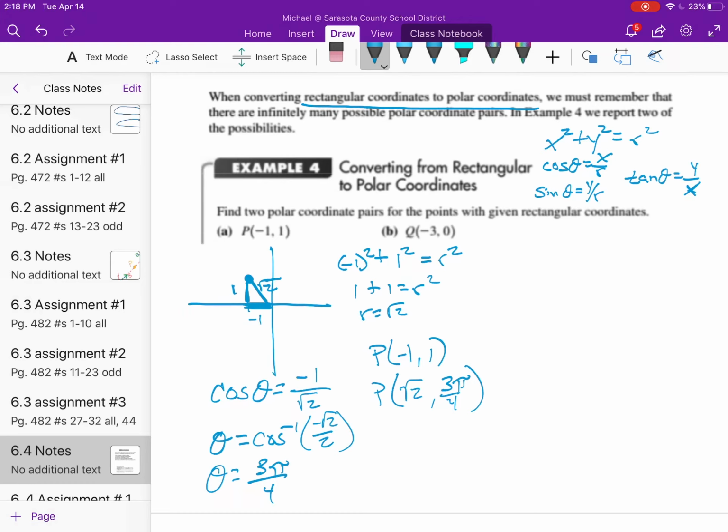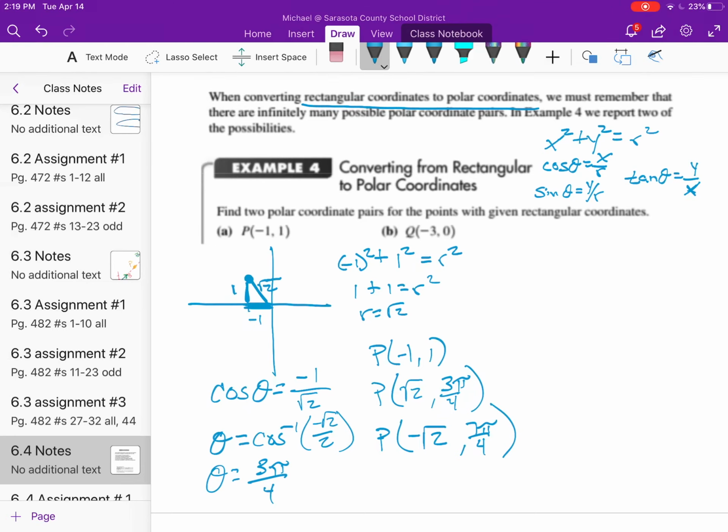So we just have to be a little cautious. Instead we could also say that there is a point P at negative square root of 2, and then 3 pi over 4 plus pi. So really it's 3 pi over 4 plus 4 pi over 4, which ends up being 7 pi over 4. In both of these cases, we end up getting our polar coordinate.